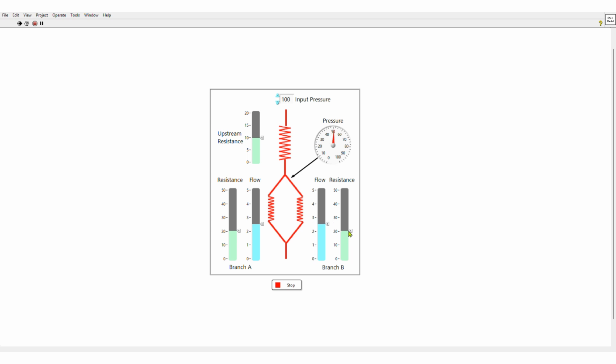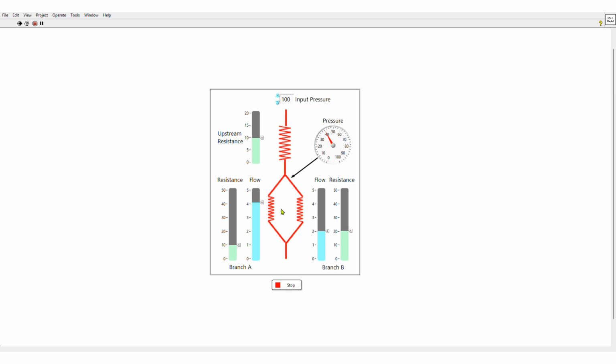And we've seen how if branch B is healthy, it might be able to cope with the fact that branch A is vasodilated and decreased its resistance and increased its flow. Let's do that again. Here we are, and it has stolen the flow here, but that's because the pressure has gone down.